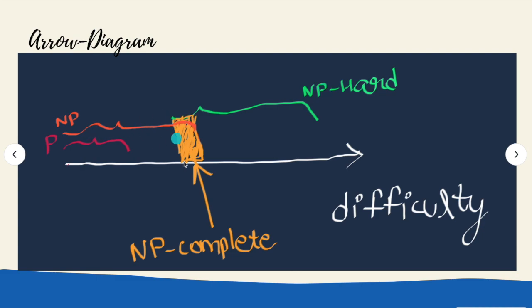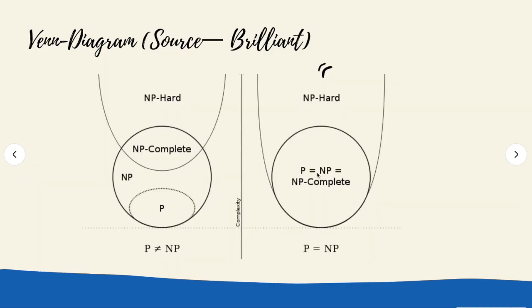The part where they overlap need not be just a point. The part at which it overlaps is the class NP-complete, because this class is in NP and it's also NP-hard. So by definition, this is NP and NP-hard, making it NP-complete. I hope this is clear.